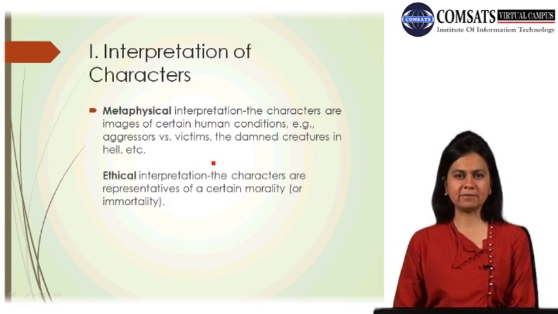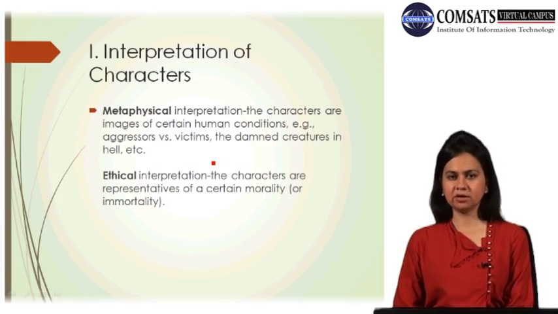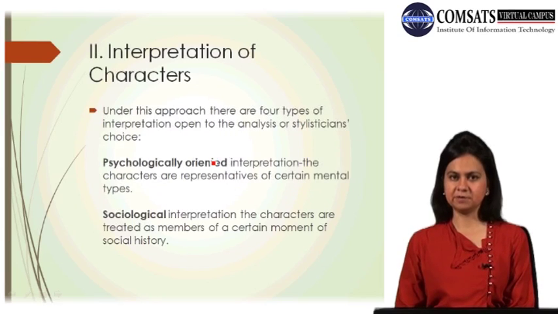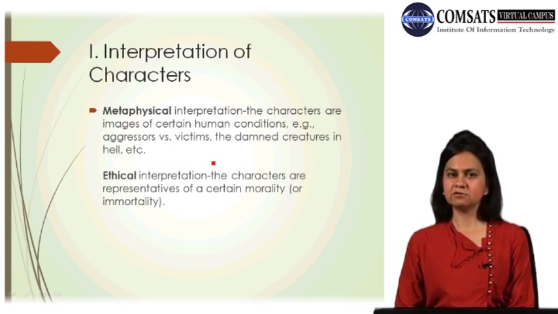So these were the 4 dimensions which are employed in the analysis or interpretation of characters. The first one was psychological orientation, the second one was sociological orientation, the third one was metaphysical orientation, and the fourth is the ethical orientation.